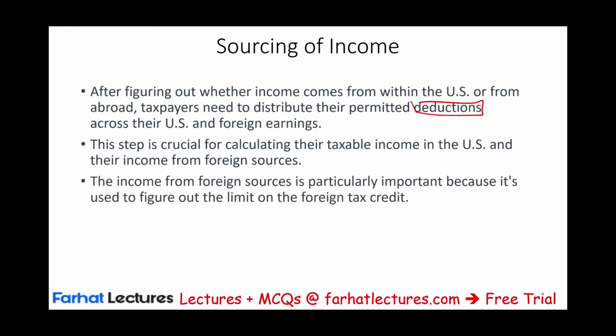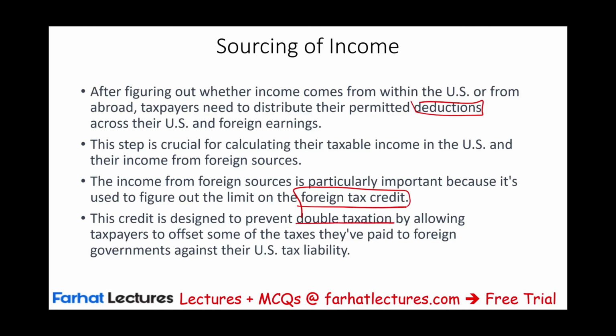So the income from foreign sources is important because it's used to figure out the limit on the foreign tax credit, which we'll talk about later. And this credit is designed to do what? To avoid double taxation by allowing the taxpayer to reduce some of the taxes they paid to the foreign government against their US liability.